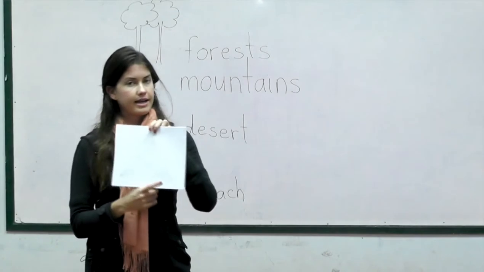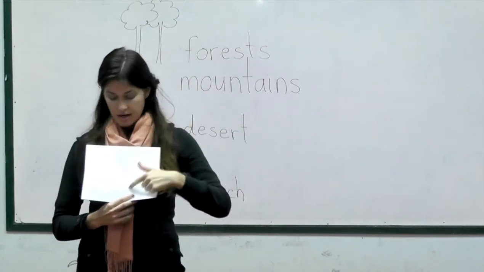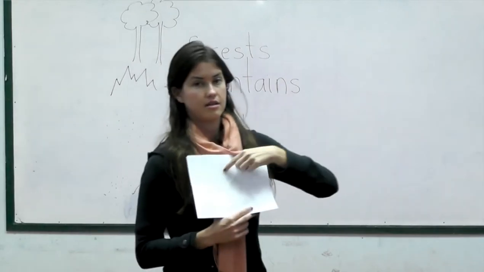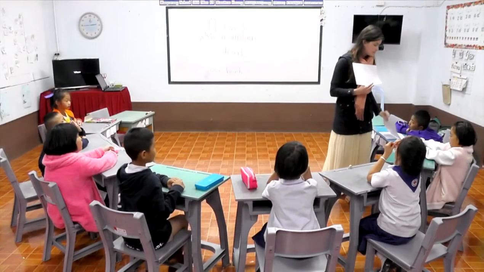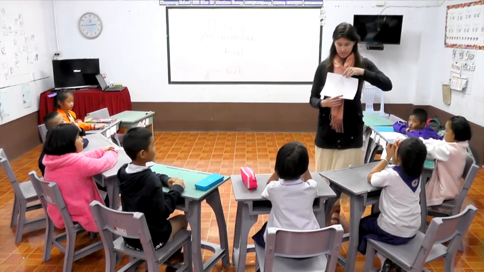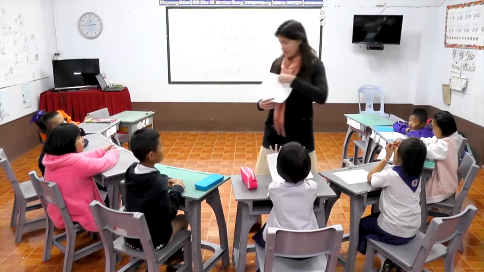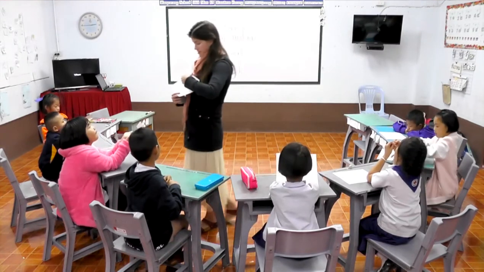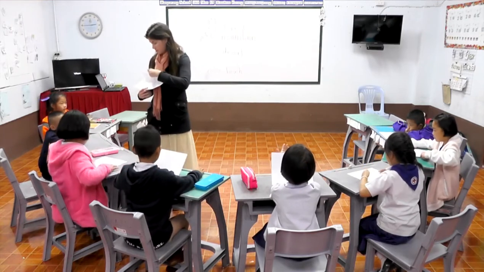So before we do any coloring though, we are going to write some of our vocabulary words on our little globe. I'm going to help show you where some of those things are. Right now you just need a pencil. We're going to label some of the things on our little globe.